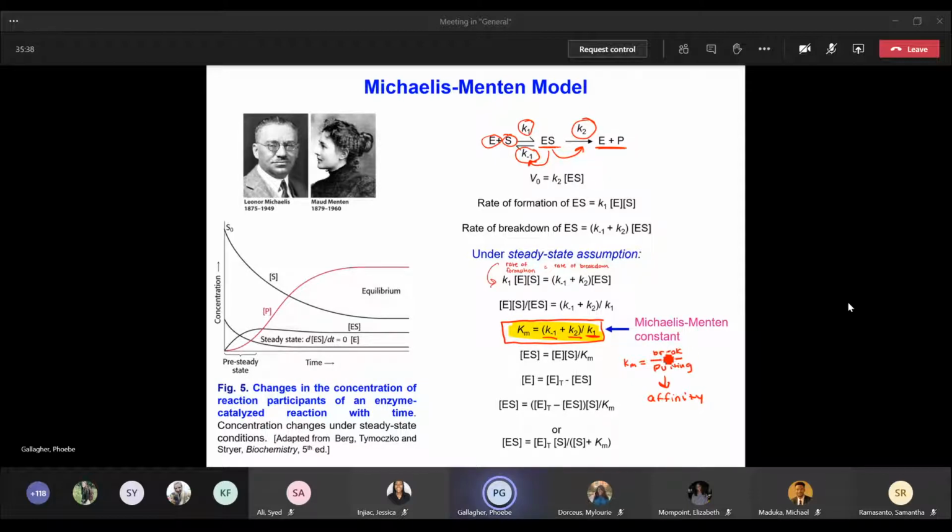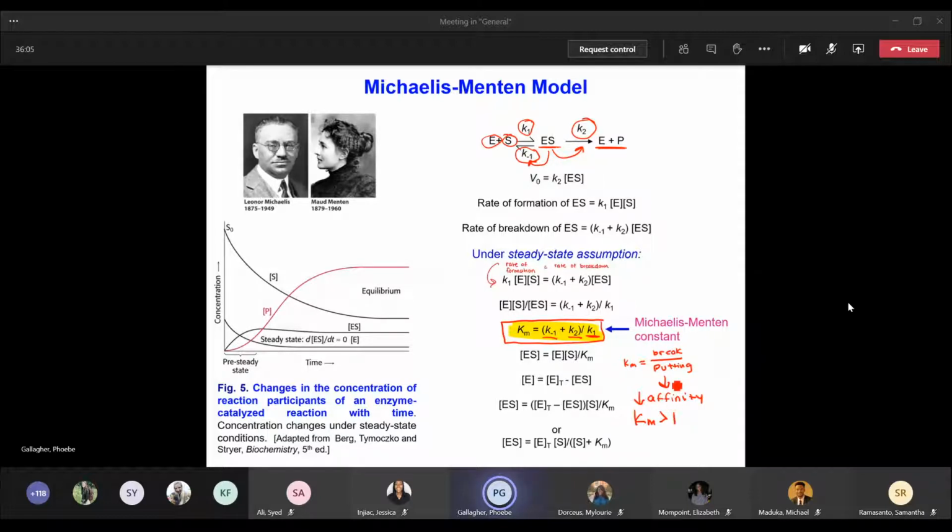If the breakdown is a greater number than the association when you're putting it together, then you know that you're going to have a Km value that is going to be greater than 1. And so it's going to be a high number. And that's going to tell you that because it's breaking down more frequently than it's coming together, you're going to have a low affinity for the substrate.